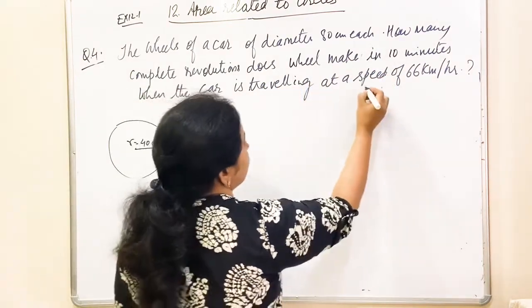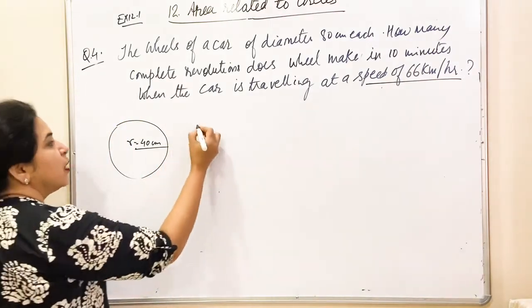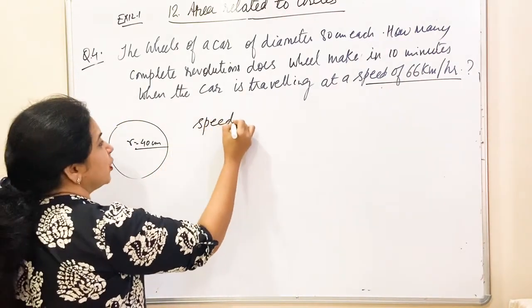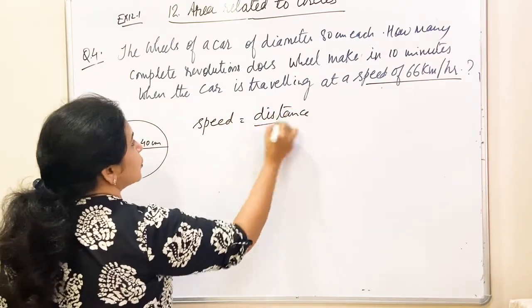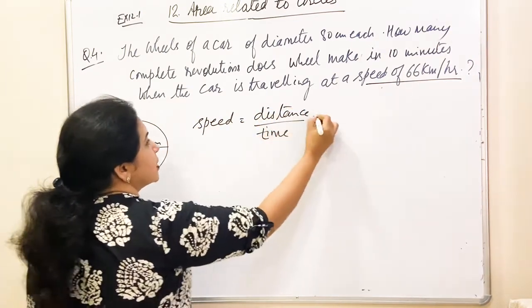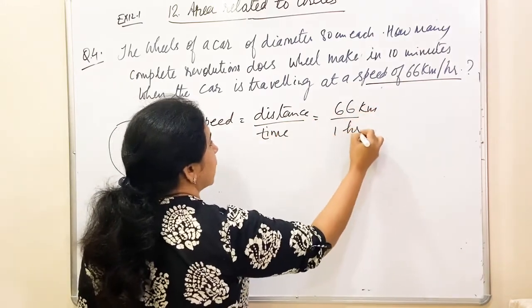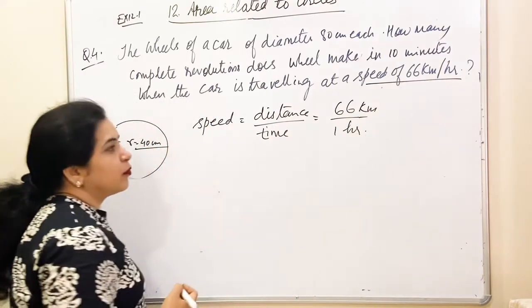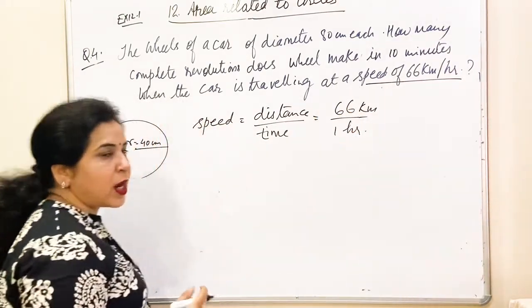The speed of the car is given 66 kilometer per hour. We know that speed is equal to distance upon time. So here the distance covered is 66 kilometer in 1 hour. 66 kilometer per hour means distance covered 66 kilometer in 1 hour.